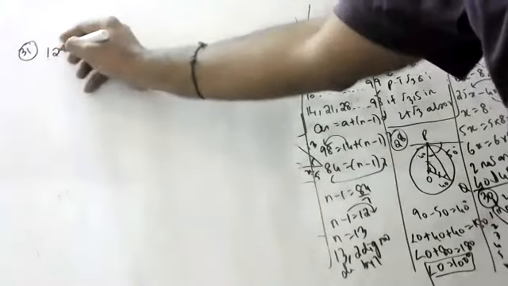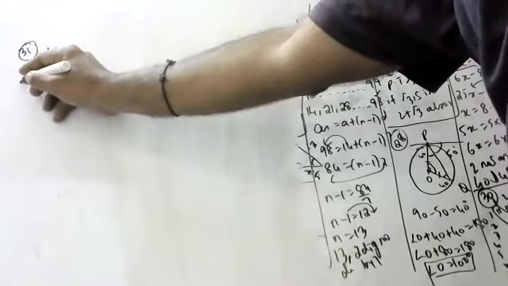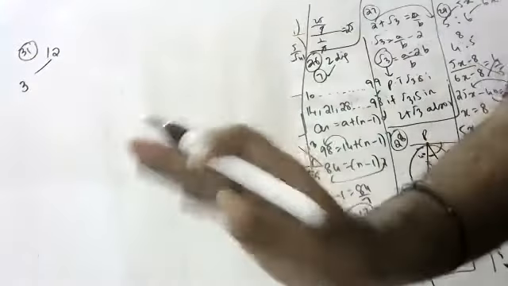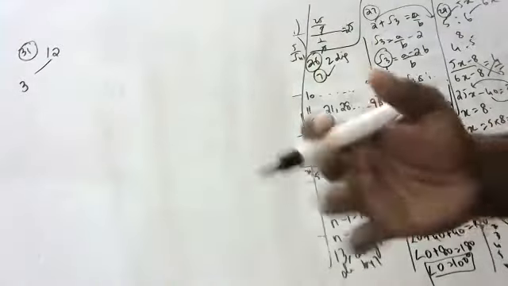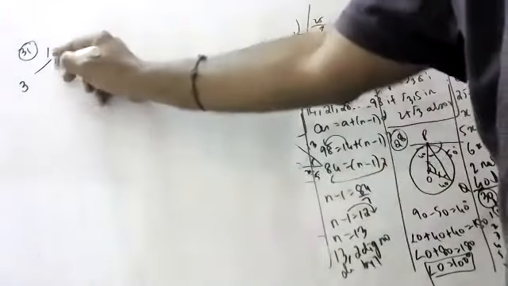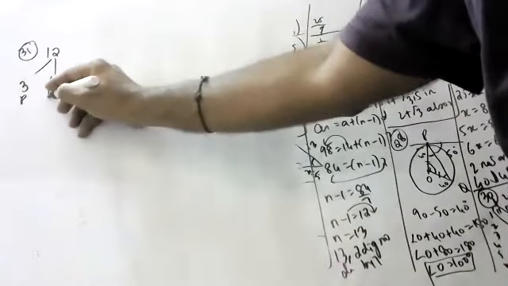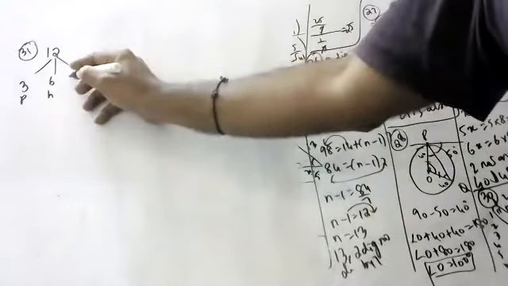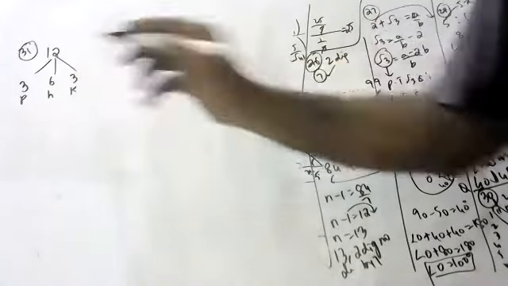First question. What they are saying, children, is a group consists of 12 persons, of which 3 are extremely patient, 6 are honest, and the rest are extremely kind.